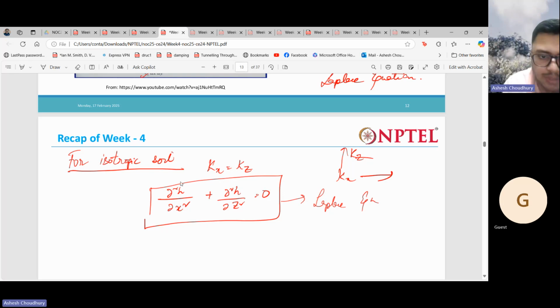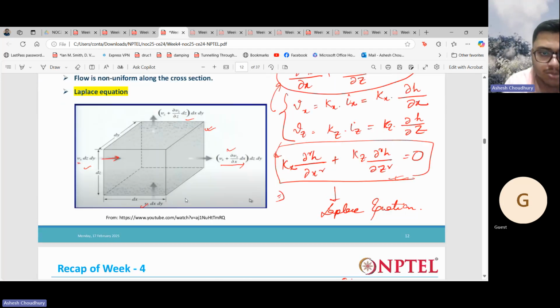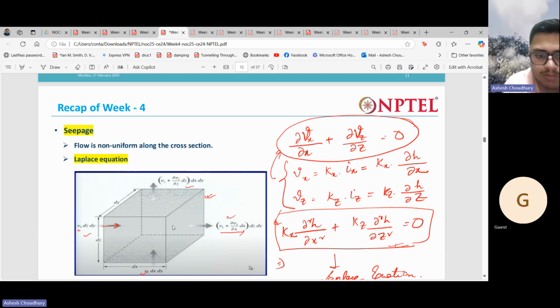Okay. So h in the equation is nothing but the head. ∂²h/∂x² + ∂²h/∂z² = 0. We're considering that the soil is saturated.